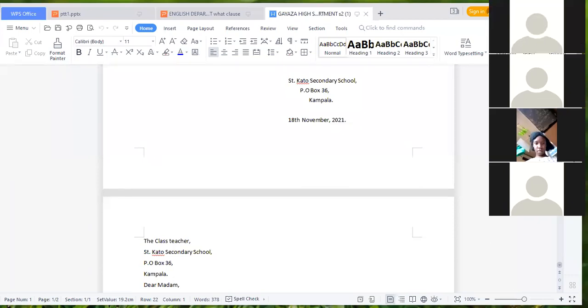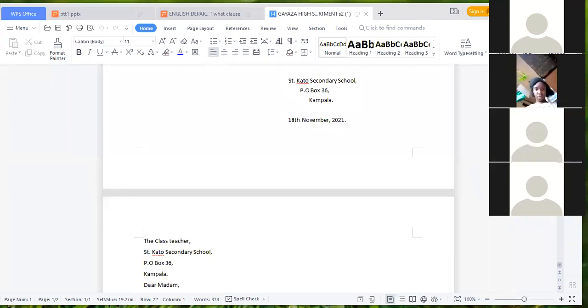Teacher, I'm confused because somewhere you say that the address should be written in block style. Is that only the receiver's address? Yes, it's only the receiver. Then for the sender's address, it should be slanting.